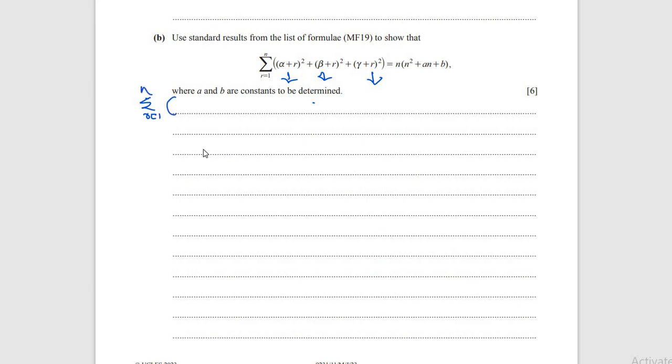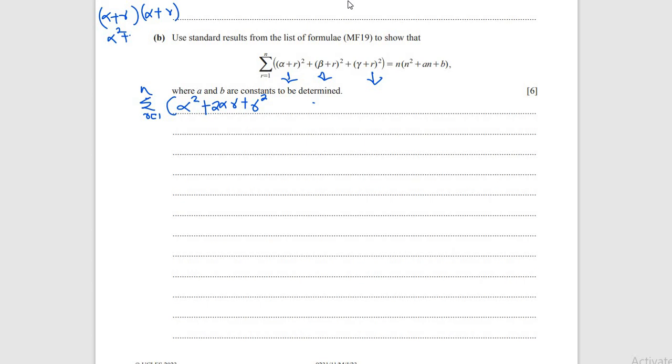When you expand alpha plus r, it's just like saying alpha plus r multiplied by alpha plus r, which gives alpha squared plus 2 alpha r plus r squared.